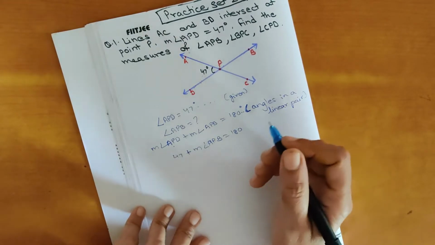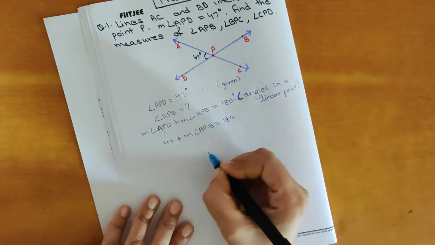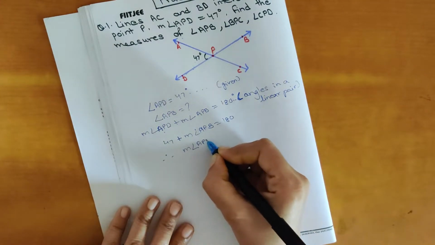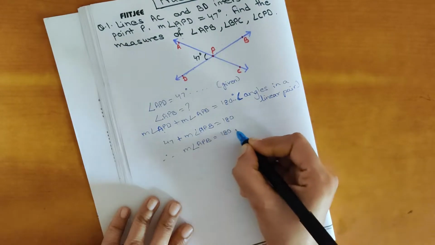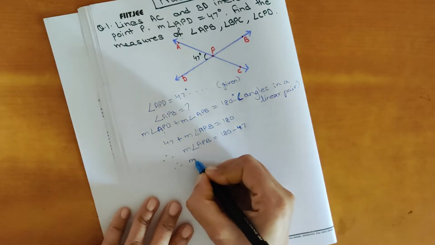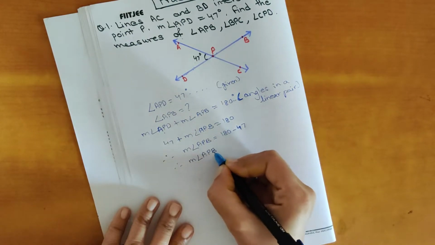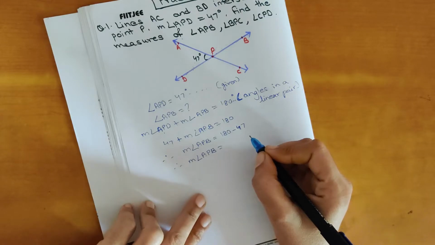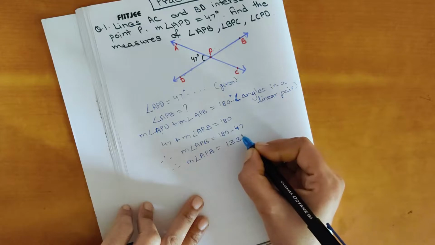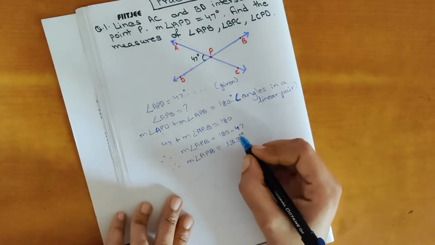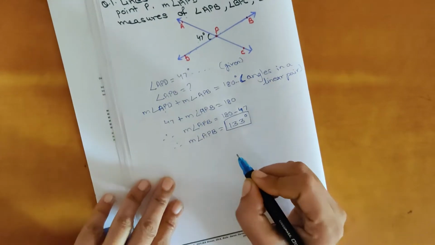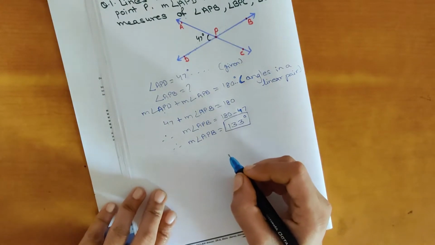I'm not writing degrees because we are calculating. Therefore measure of angle APB is equal to 180 minus 47. You do it. So we will get 133 degrees. So we got this answer. This we found for the first one.